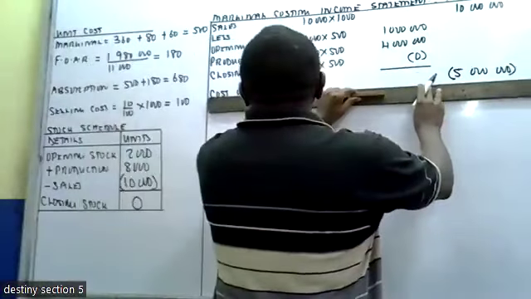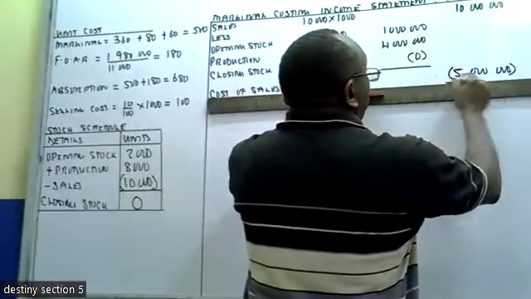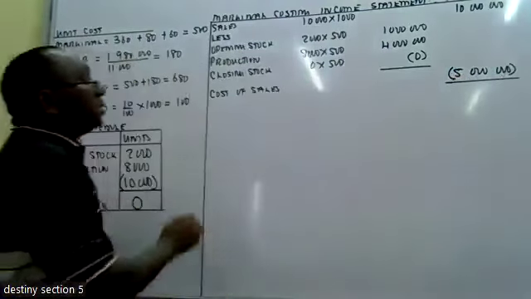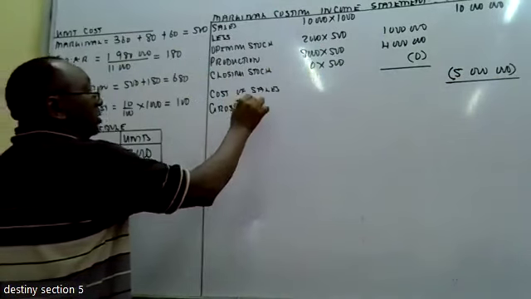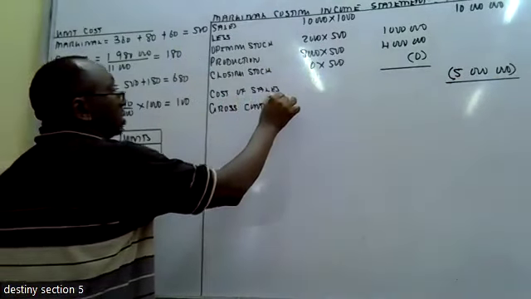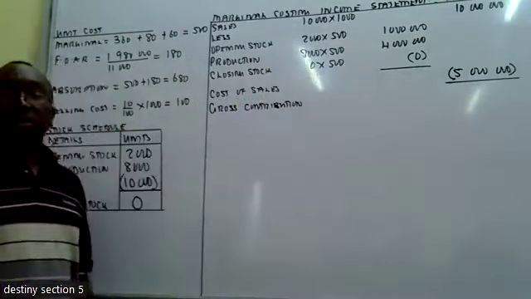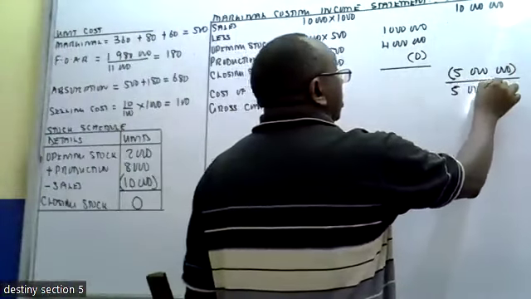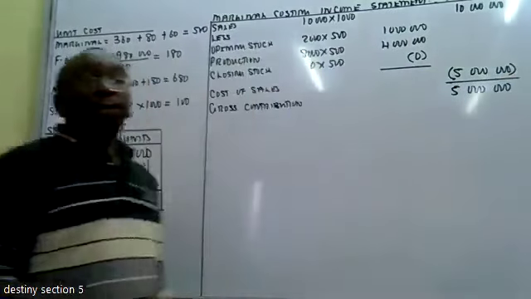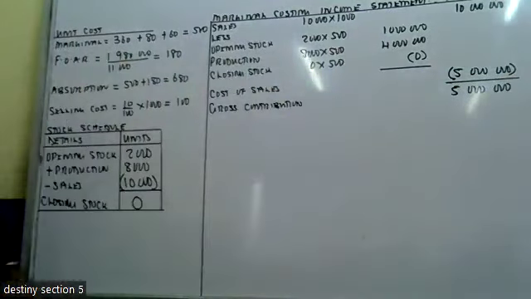So that tumesema after cost of sales, the figure you get is called what? Gross contribution. Good. Gross contribution will be 5 million.